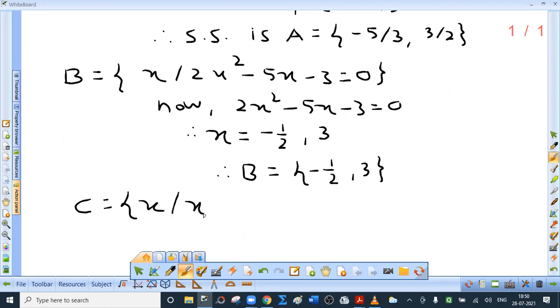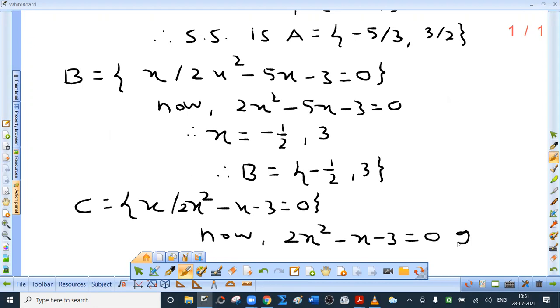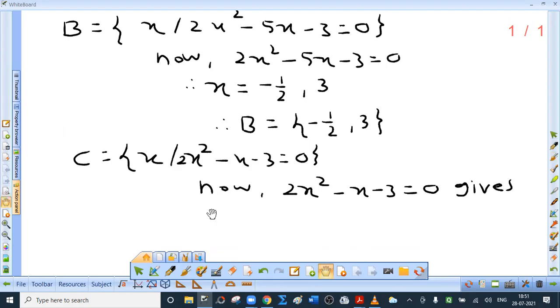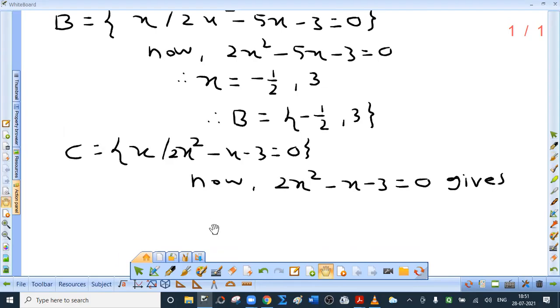And what about C? Set of all x such that 2x square minus x minus 3 equal to 0. Tell me what are the factors. Middle term should be written as what? Minus 3x plus 2x.